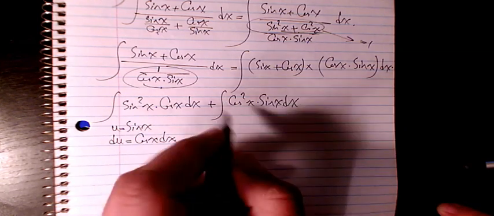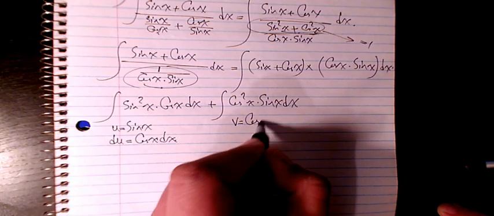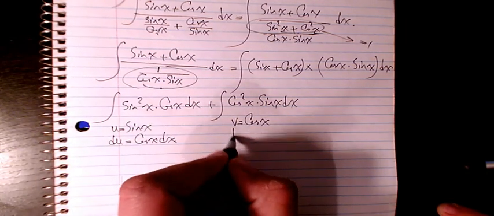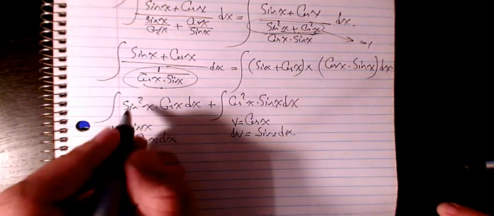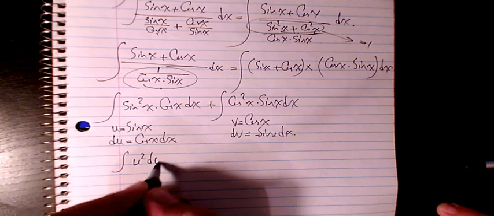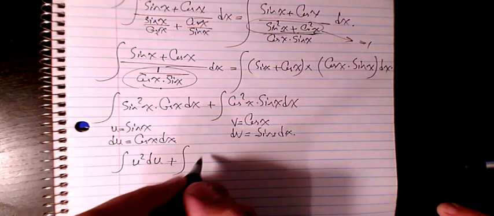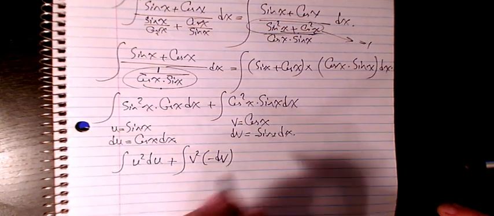Here we have the same thing. We consider v as cosine x, so dv will be negative sin x dx. So I will have u squared du here, and I have v squared times negative dv here.